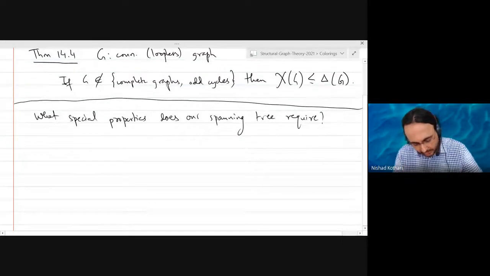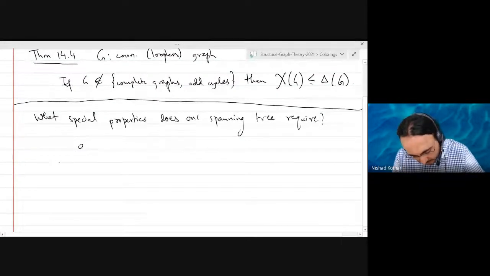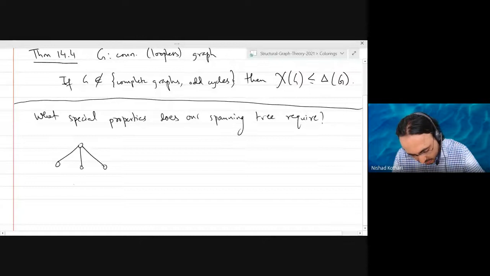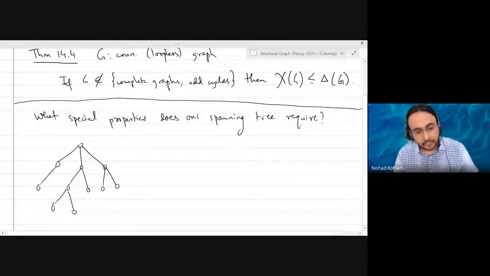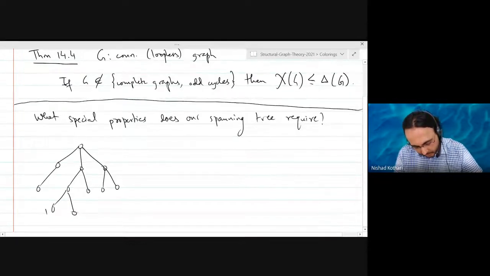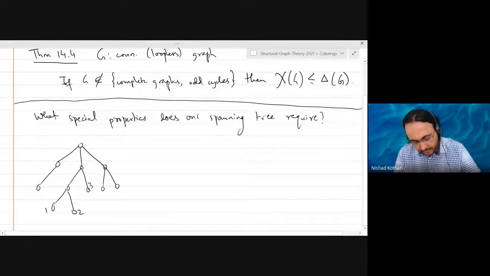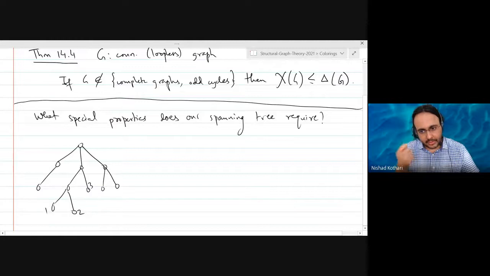So what are we doing? In our spanning tree discussion yesterday, we took a spanning tree of our connected graph, something like this. And we started removing leaves, right? We remove one leaf, we remove another leaf, yet another leaf. At each point, we are choosing a leaf from the remaining tree, from the remaining spanning tree of that subgraph, right?